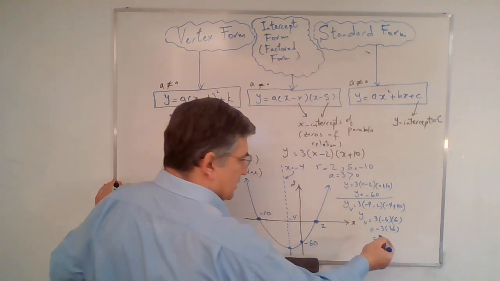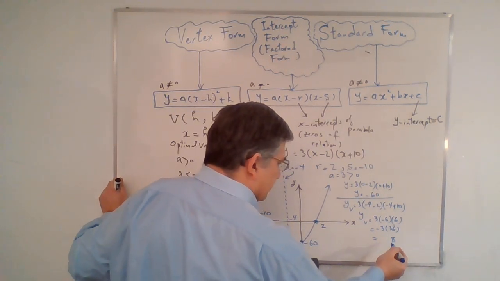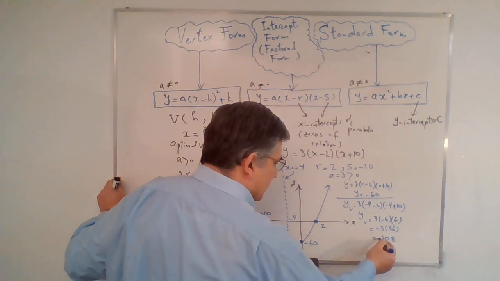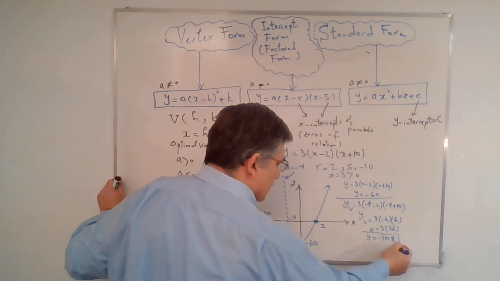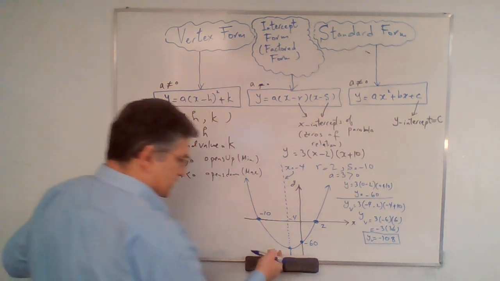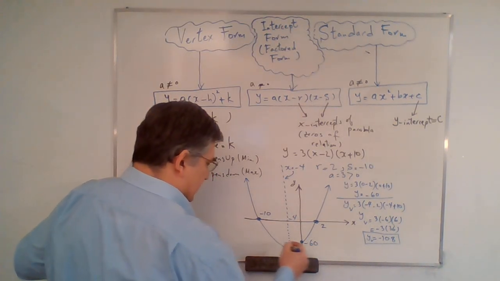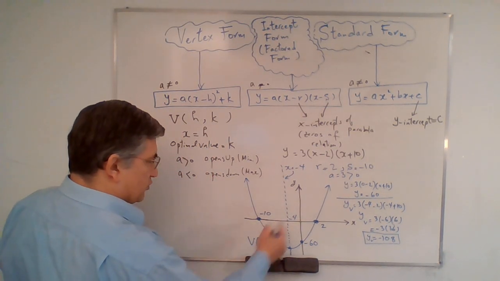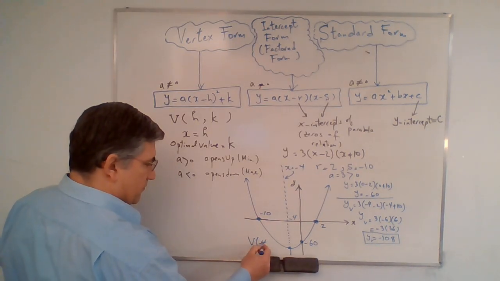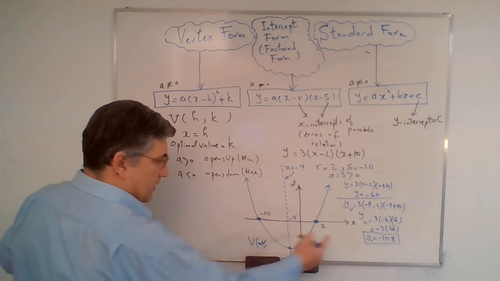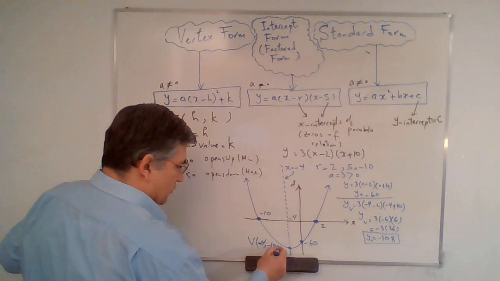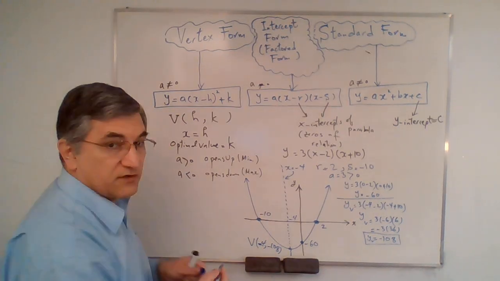You do the math using a calculator, that's going to be negative 108. So this is the y-coordinate of the vertex right here. So I can tell that the vertex is located at negative 4, negative 108. That's the coordinates of the vertex.